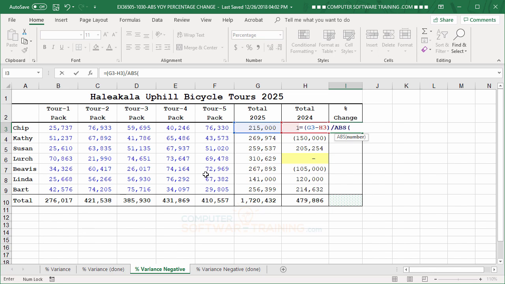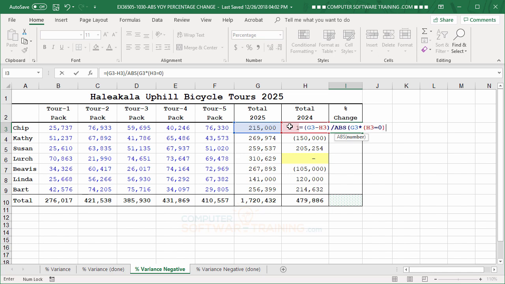You go and you click on the G3 here, all right? Times, and then in parentheses, you go with H3 equaling 0. So that's kind of like the part where it says if there's a 0 in that divisor area, right?